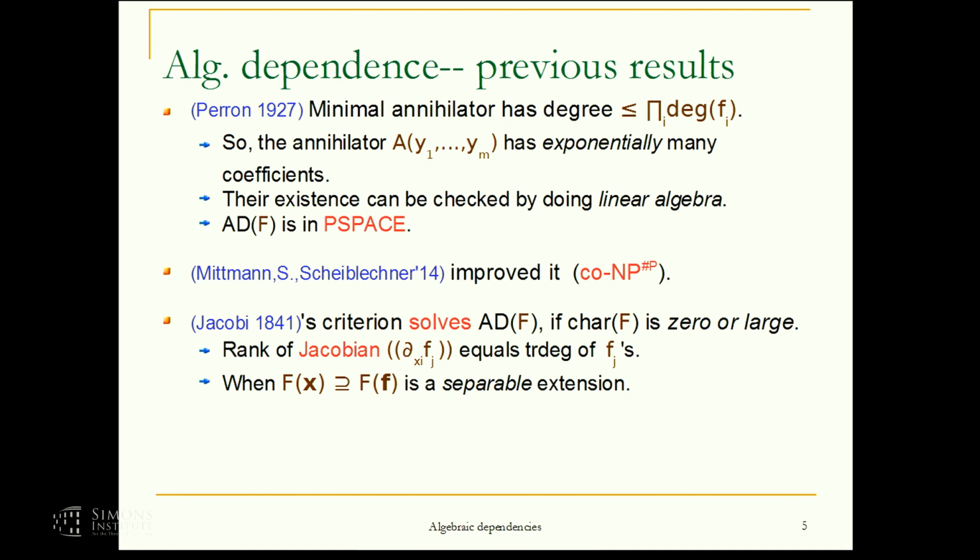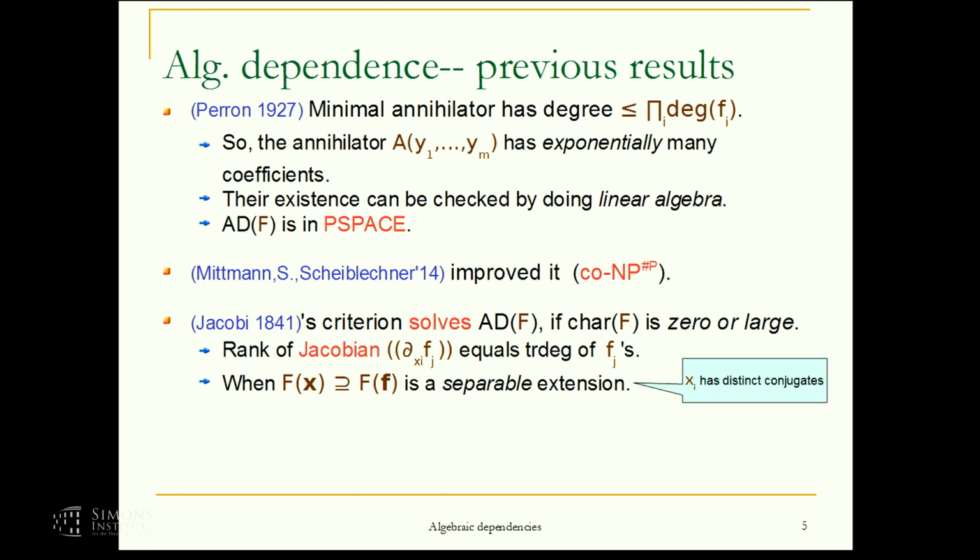When the characteristic is 0 or large, this extension is always separable without any assumptions. When the characteristic is too small, there are bad cases where it could be inseparable, and then the criterion fails. Once it fails, it is very hard to find a different criterion. It is still an open question how to characterize algebraic dependence or independence.